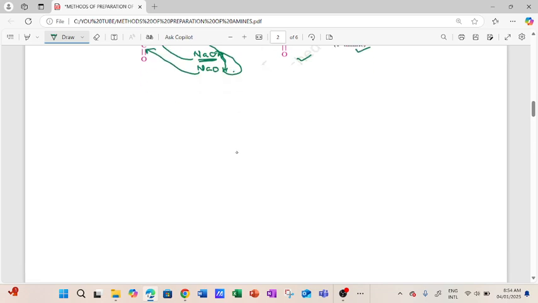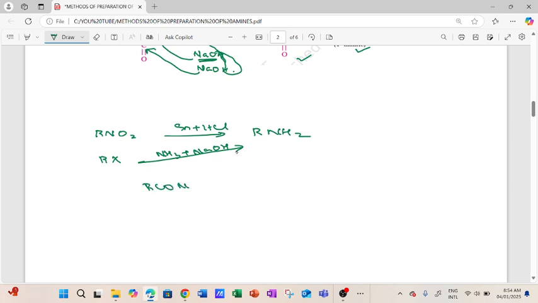We studied like this. If you have RNO2, you take tin in HCl. Reduction using tin in HCl gives RNH2. Or if you have RX, an alkyl halide, you add ammonia followed by NaOH, and you will get RNH2. Similarly, if you have RCONH2, an amide, you treat it with NaOBr, which is Hofmann bromamide degradation.